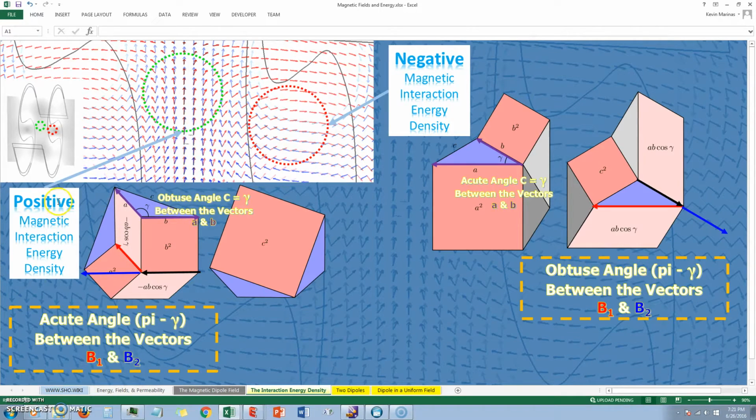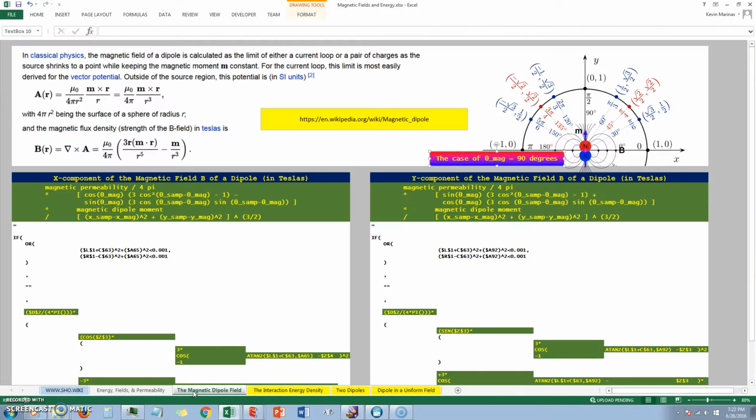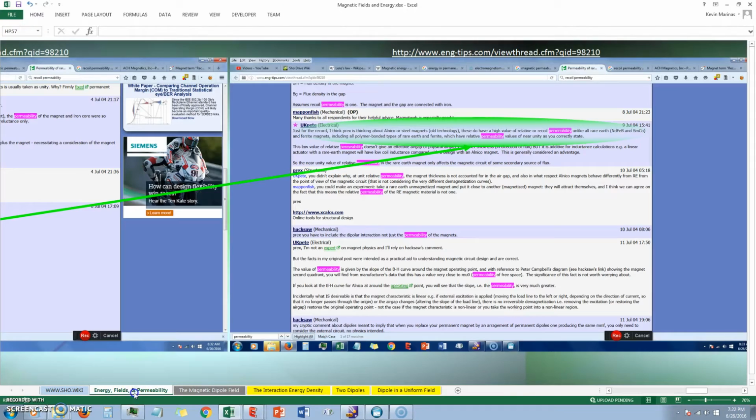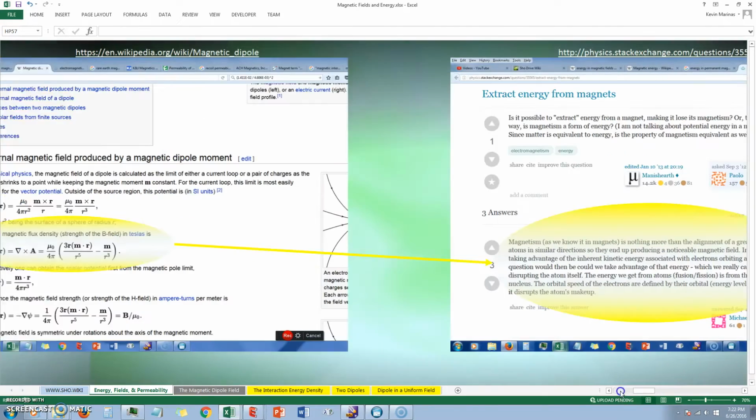This is about magnetic interaction energy density. Now that's kind of a mouthful, but basically what this is, when you have energy density based on the square of a value of a vector, let's think about it here. Let's go back to this page over here.